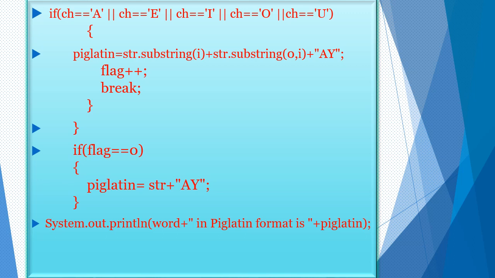System.out.println the word in Pig Latin form that is stored in the variable PigLatin will be displayed. So this is the program for converting any string, any word, into Pig Latin form. I think you follow the statements and logic of the program.